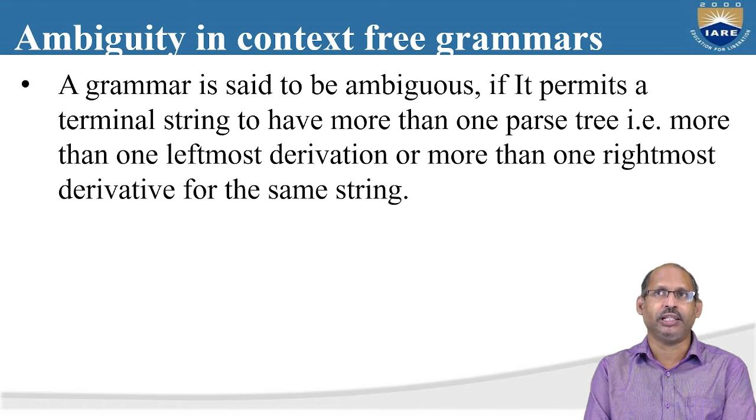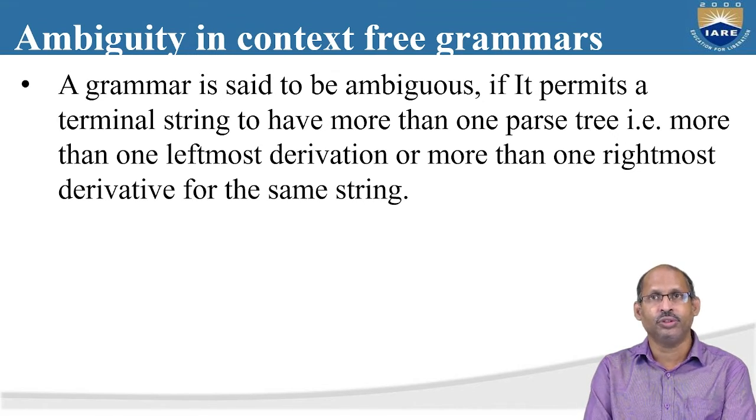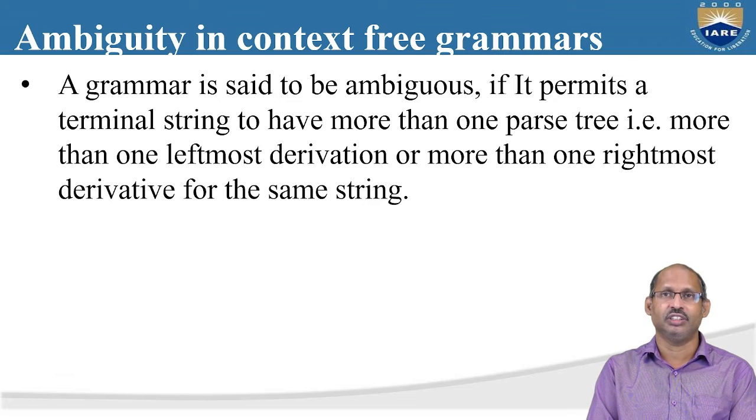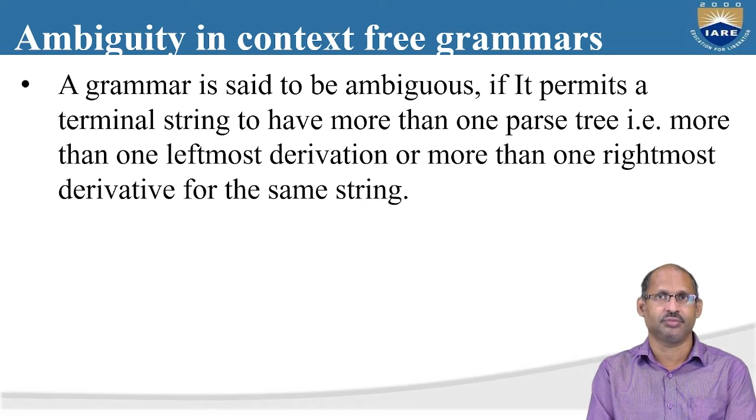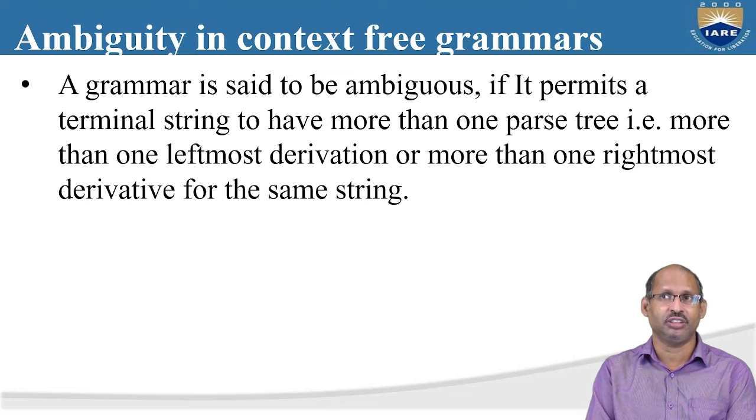A grammar is said to be ambiguous if it has more than one leftmost derivation or more than one rightmost derivation for the same string.